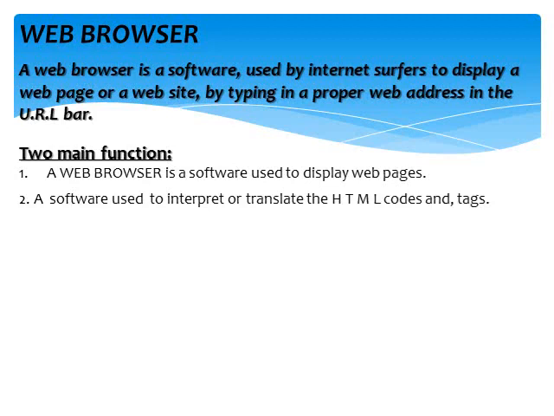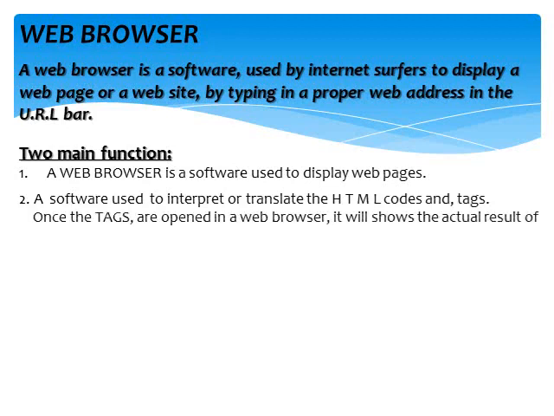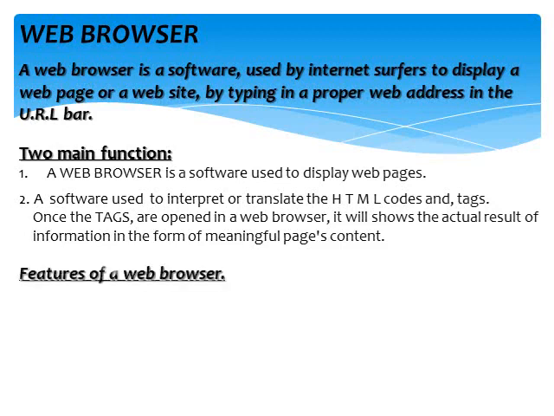Second, it also has the function to interpret or translate the HTML codes and tags. Once the tags are opened in a web browser, it shows the actual result of information in the form of meaningful page content. Tags are already explained under the topic of HTML.